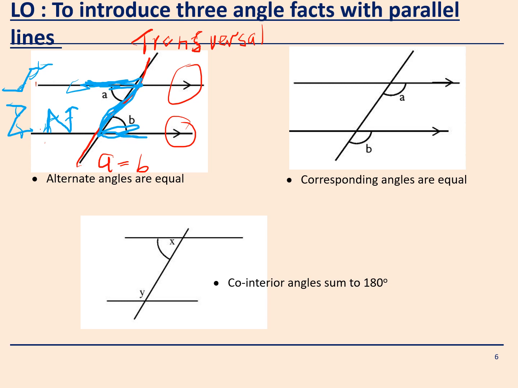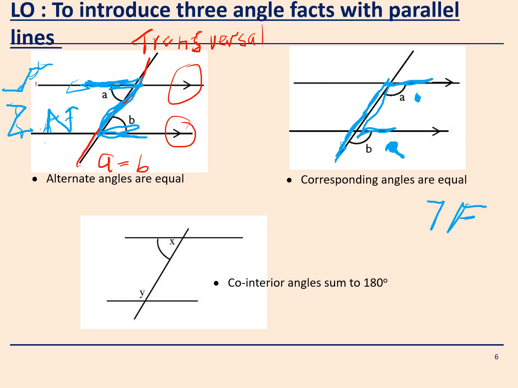Corresponding angles. B is in the same position relative to this as A, so it's corresponding to that. As a little visual help, can you see a sort of an F?